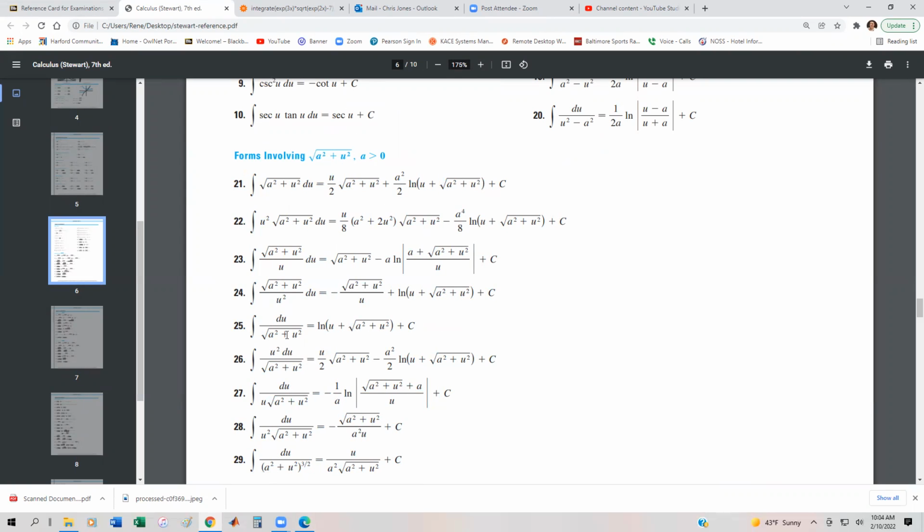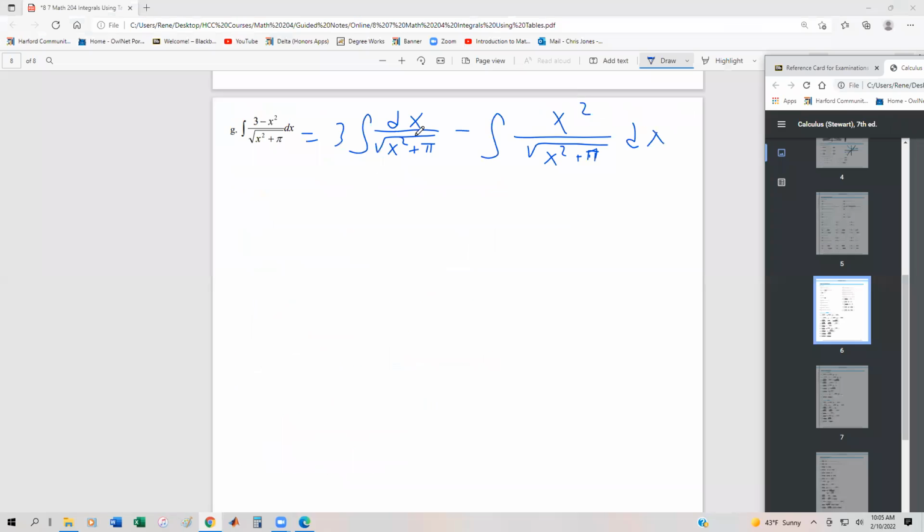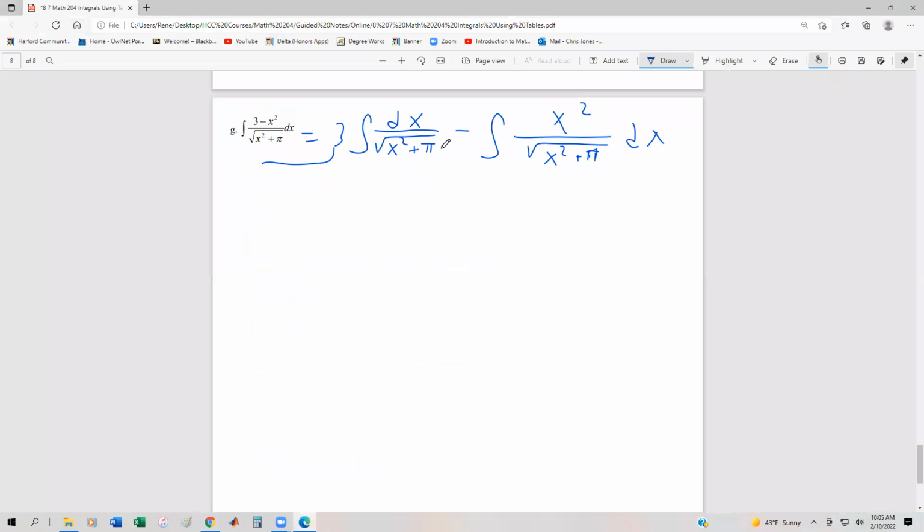And if we look, entry 25 looks pretty close to what we need for the first one. So for this one, we're going to use entry number 25. u is going to be equal to x, and a is going to be the square root of pi.